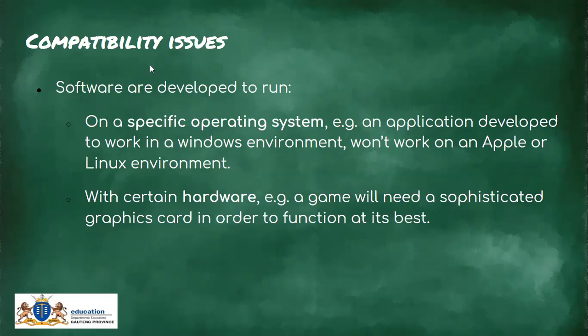You should know and be able to justify your points. When you are asked why this program is not working on this platform, it's because it is not compatible. It's not meant to run on that platform, because when they develop it, they decide which platform it is for.